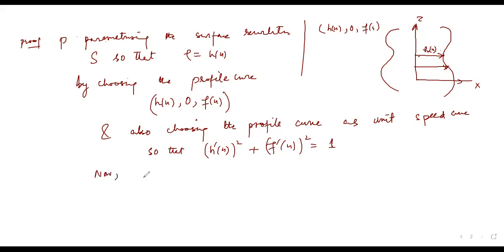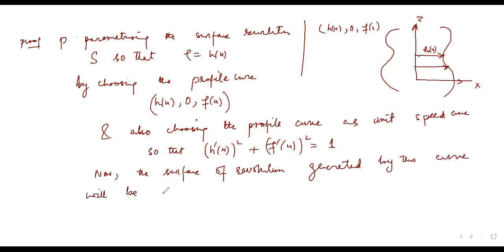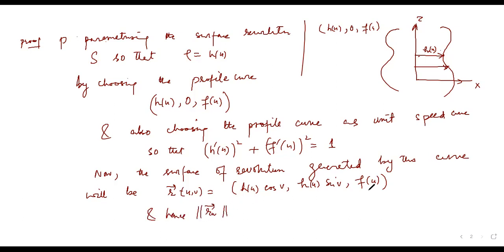Okay, now the surface of revolution generated by this profile curve will be r at uv is equal to (h of u cos of v, h of u sine of v, f of u)। So this would be our surface of revolution, and hence r at u का जो length है, it would be just partially differentiated with respect to u। It would be basically h dash u का square plus f dash u का square.